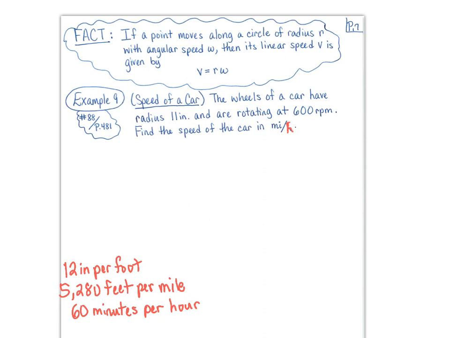Okay, so V is equal to R times omega. We have our 600 revolutions per minute, so 600 times 2 pi.